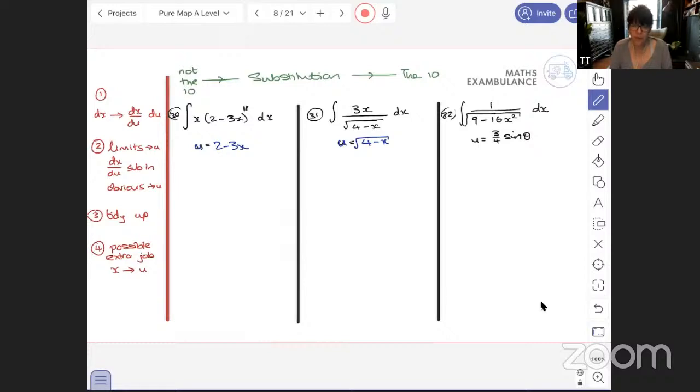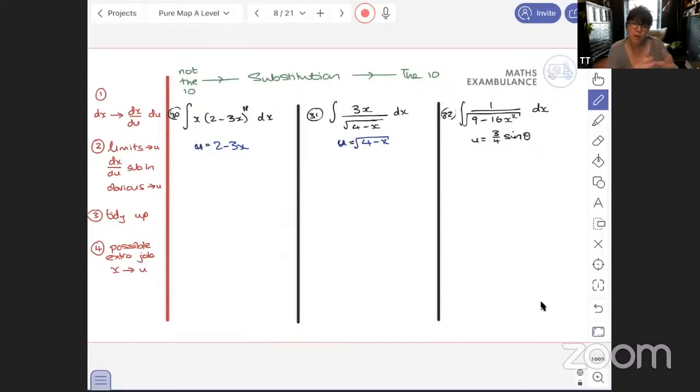The main tip that I have for you about spotting what u is, is that you spend ages and ages doing the chain rule and the tens, so that these ones need to stand out. These ones need to be like, whoa, I don't know what got differentiated.